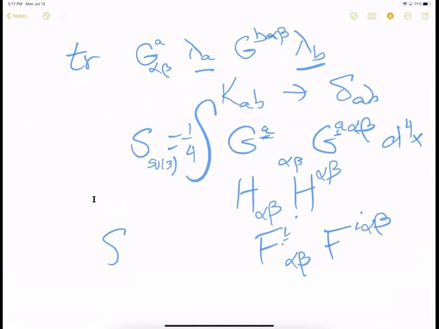And again, it's a Euclidean inner product here, so I can just sum the internal symmetry index in the up position. There's a sum on I here. There's a sum on A here.